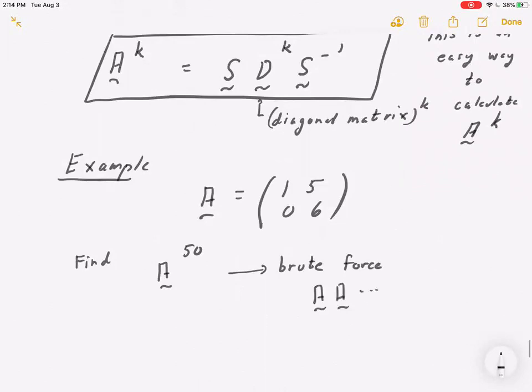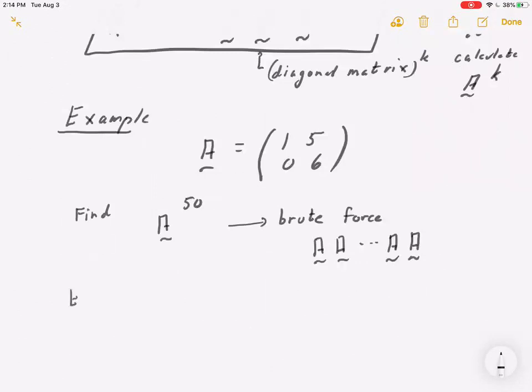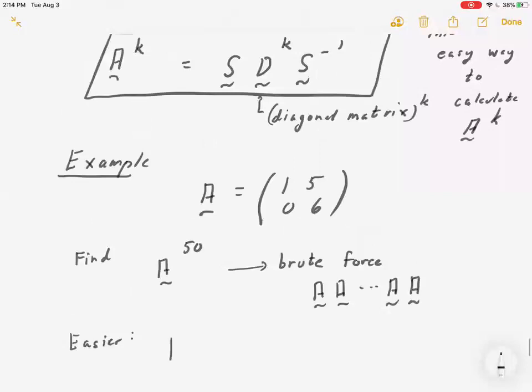You could in principle do this by pen and paper and pencil, but it's quite laborious. You could do this on a computer, and that's going to take some time also. So there, in fact, is an easier way to do this. It's just what we discovered before. Use the expression that the matrix A raised to the 50th power is just going to be S times D raised to the 50th power times the inverse of S.